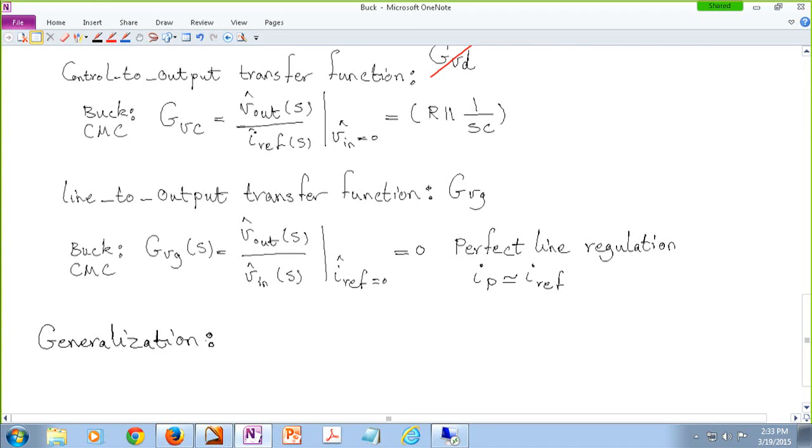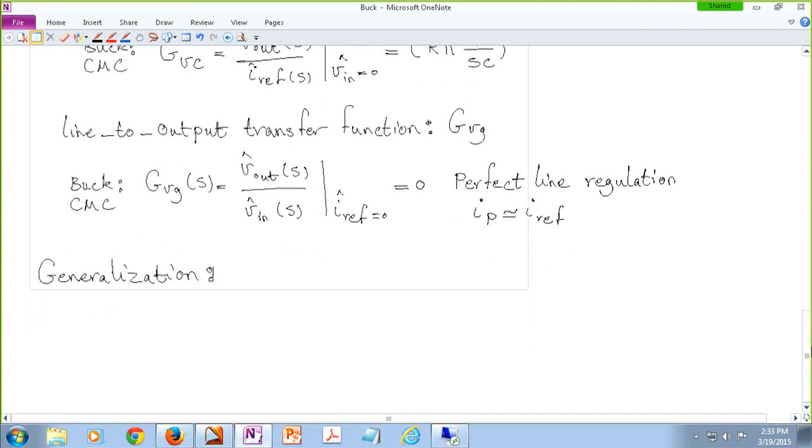So using the findings that I have for the buck topology, I'm going to generalize to the single pole double throw switch.